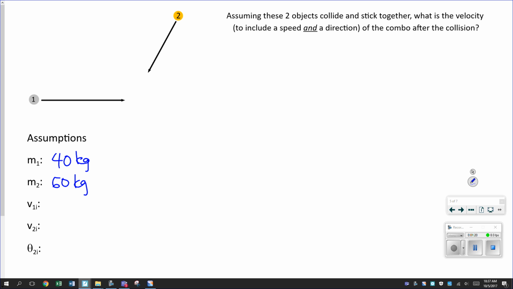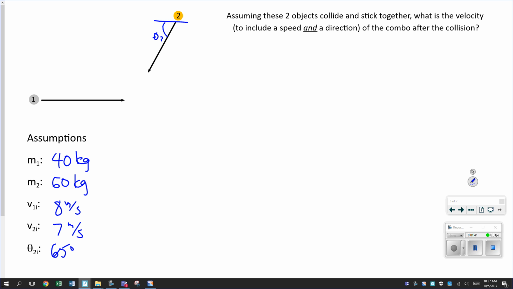V1 initial, let's make that 8 meters per second. V2 initial, let's make that 7 meters per second. And this angle, theta 2, that looks like, what do you think, like 65 degrees?